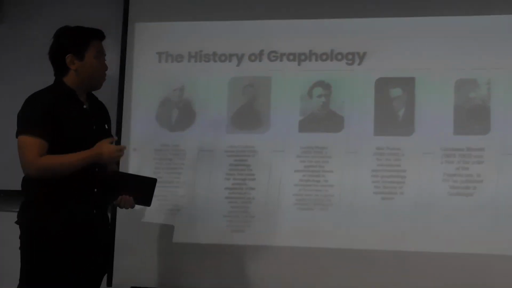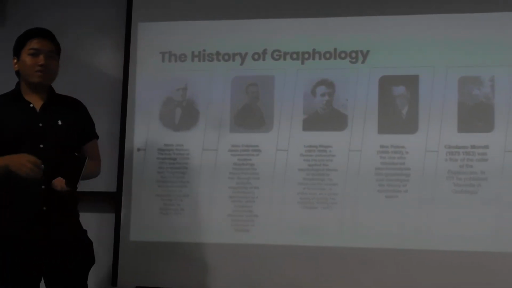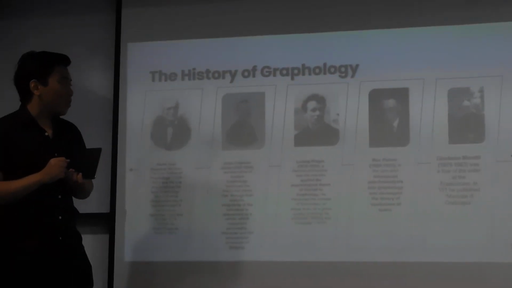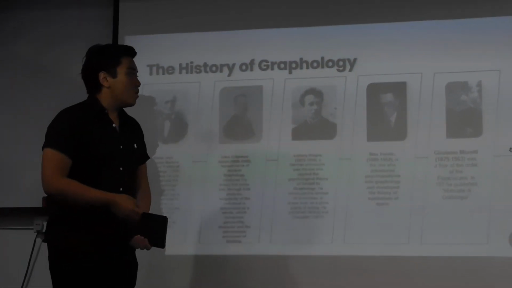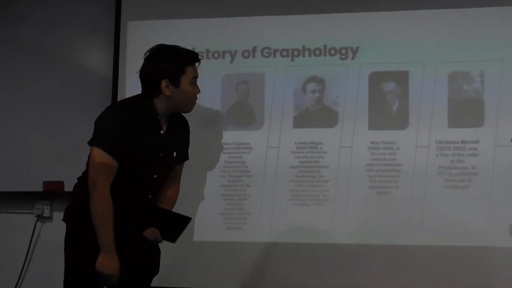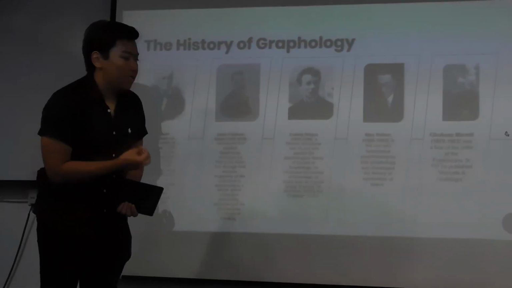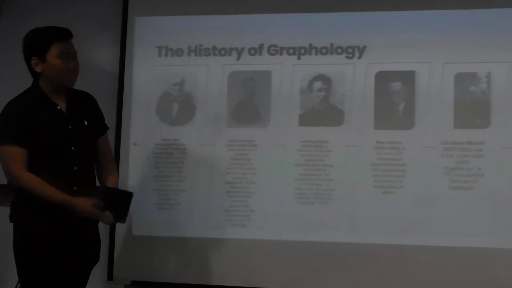We have Max Pulver, who conjured psychoanalysis, kind of familiar with Freud, who applied the theory of symbolism and space. It's more like a projection. And lastly, we have Girolamo Moretti, who actually published a book, the Manuale di Grafologia, which is more likely to be about graphology in his country, Italy.